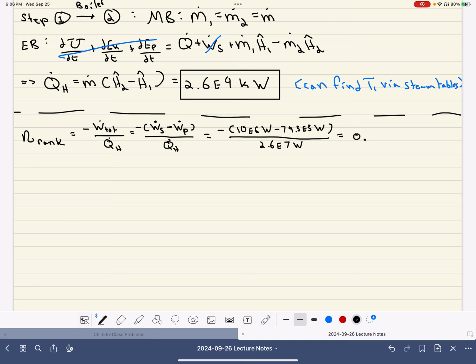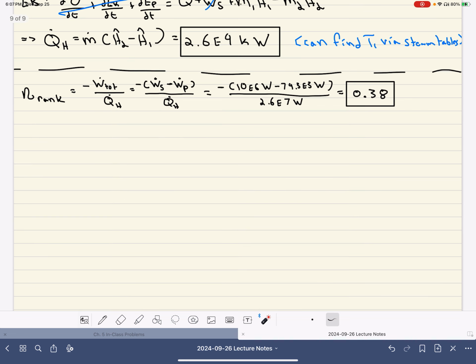And we find that the efficiency of this Rankine cycle is 0.38. So 38% of the heat that we put into the cycle, we could actually extract as shaft work from the turbine.